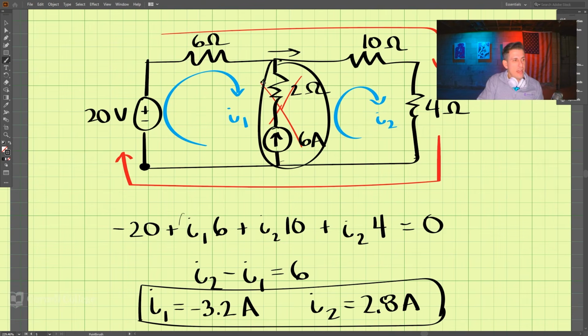So I1 is actually going the opposite direction and I2 is going this direction. So this is our solution for this problem. And this is a special case when we're using mesh analysis with current sources. We need to use super meshes.